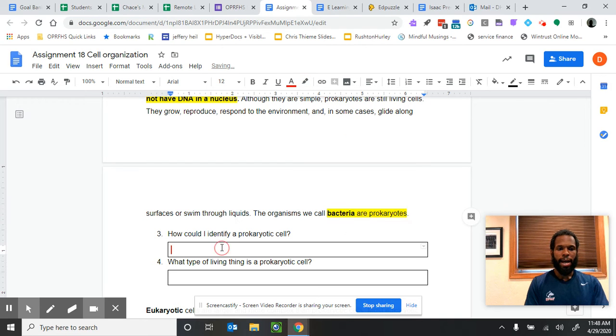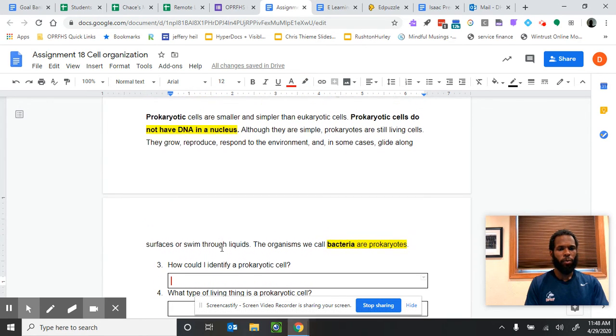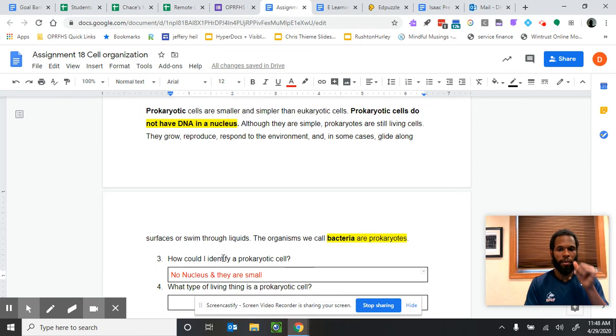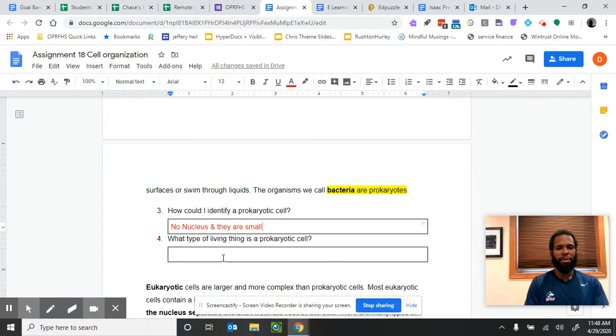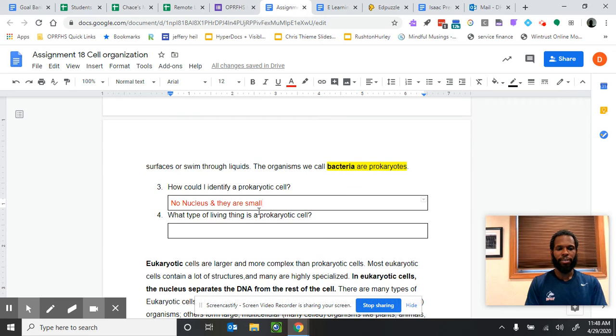So how can I identify them? Well, what don't they have? There's no nucleus, and they are small. And what type of living thing is a prokaryotic cell? Bacteria are prokaryotic cells.